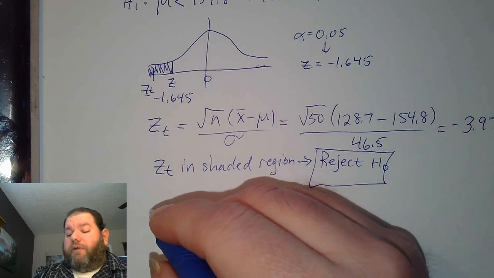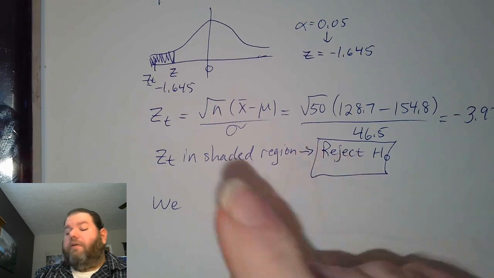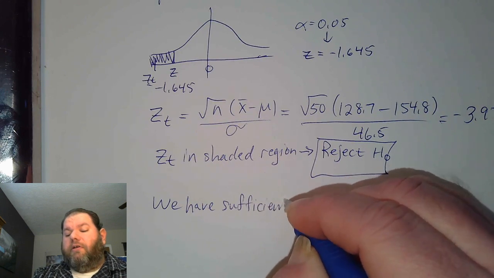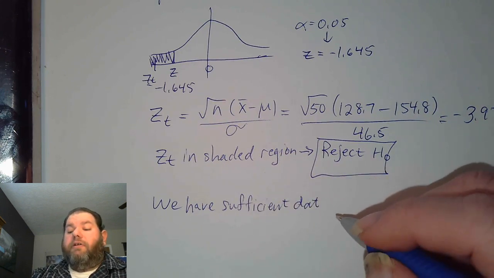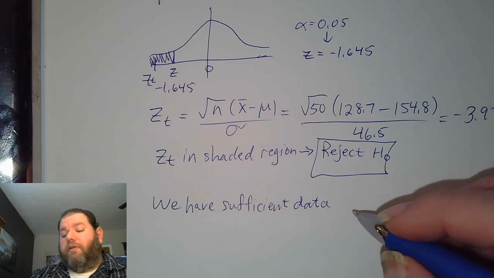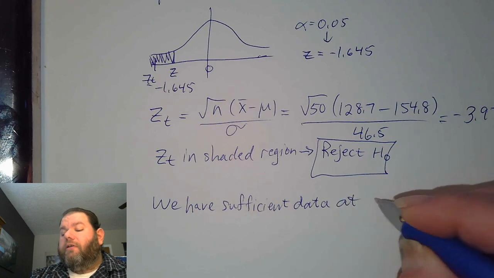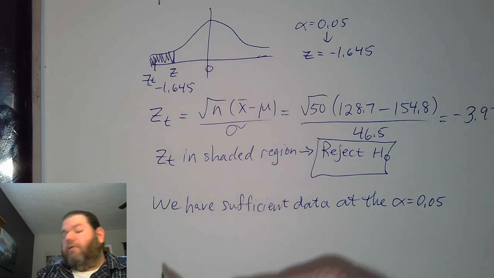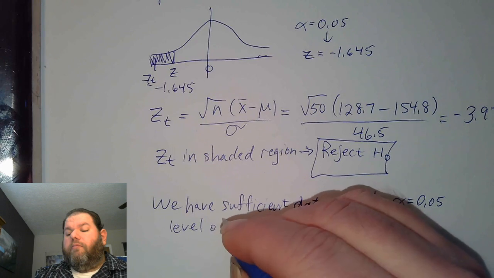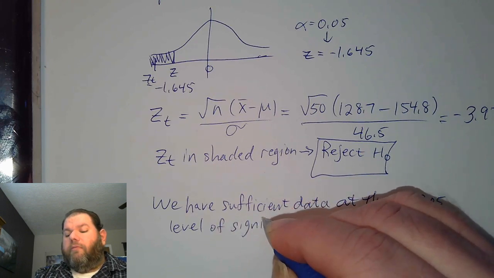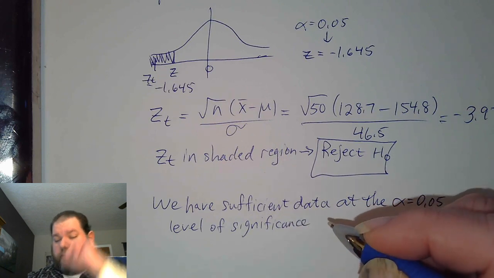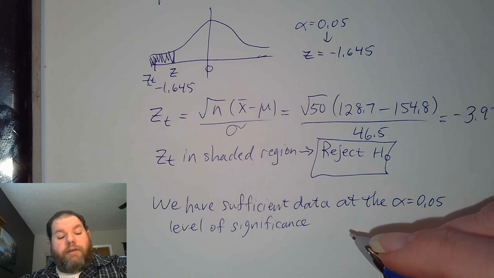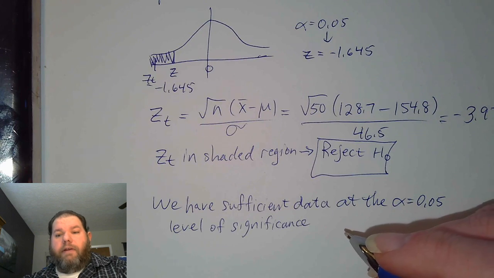So we can say now that we have sufficient data at the alpha equals 0.05 level of significance to say that the mean amount of television watched by Americans has decreased.